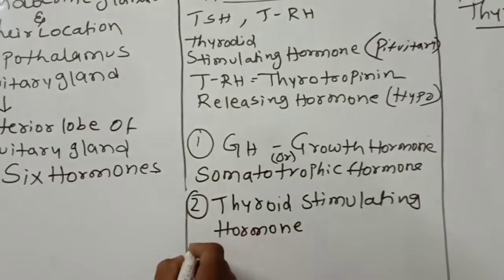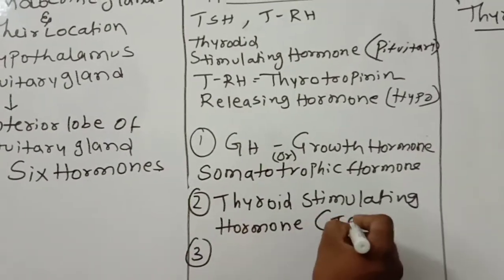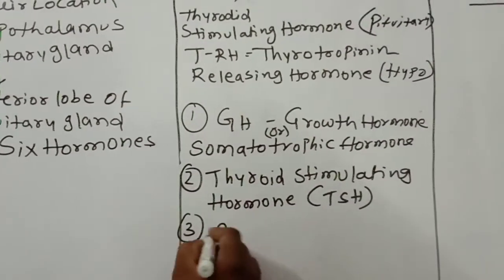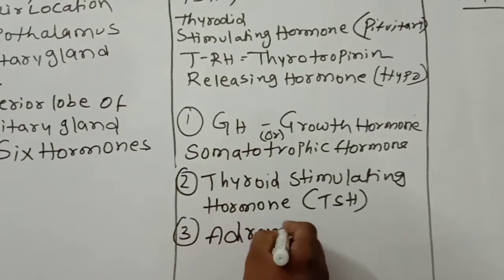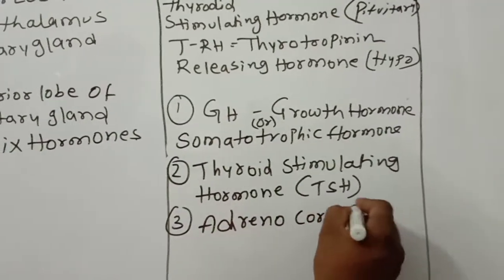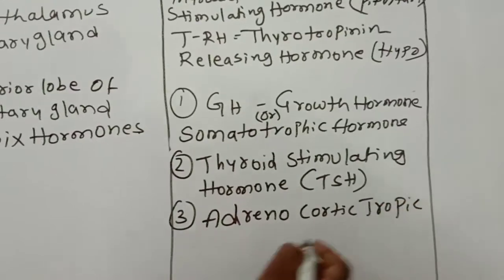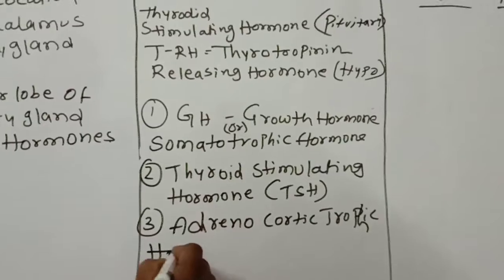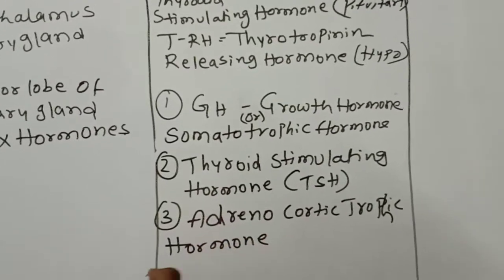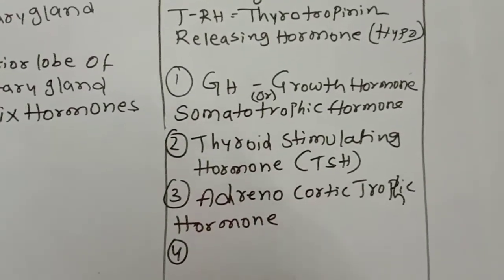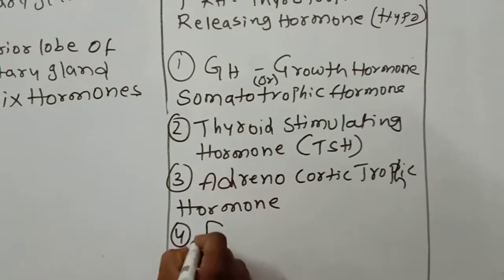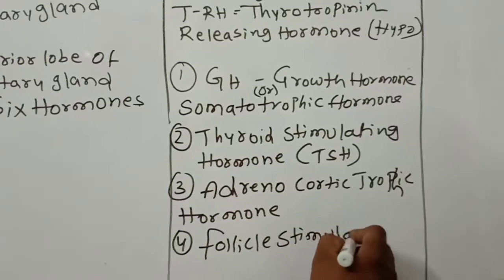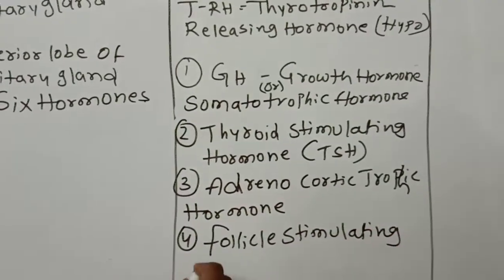Next one, very important: adrenocorticotropic hormone, a tropic hormone. This point you should remember. Then the fourth one: follicle stimulating hormone.